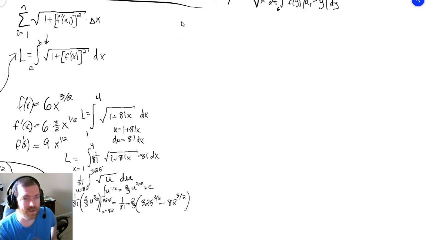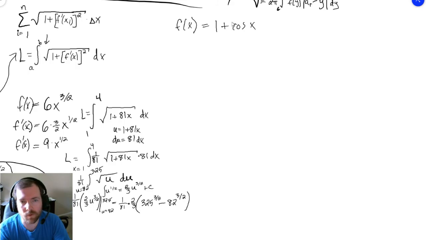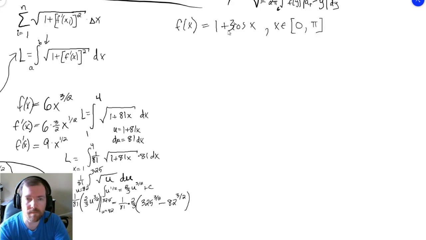I think this is going to be okay. 1 plus the cosine of x. Or like 1 plus 3 cosine x. So if I want this along, x is going from 0 to pi.